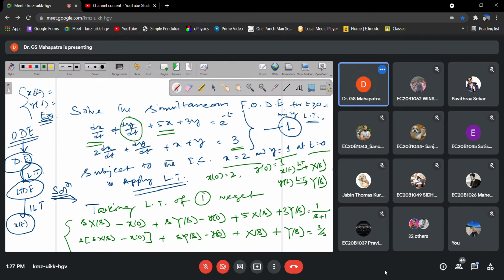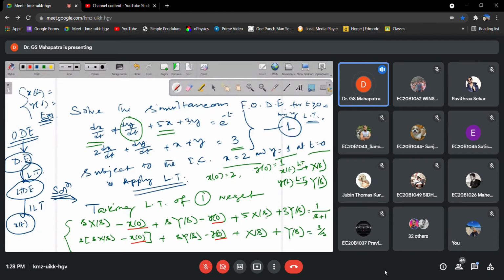Now, on applying the given initial conditions x of 0 equals 2 and y of 0 equals 1, we get x of 0 equals 2 and y of 0 equals 1. These are given, so underline them. You have to substitute these values.